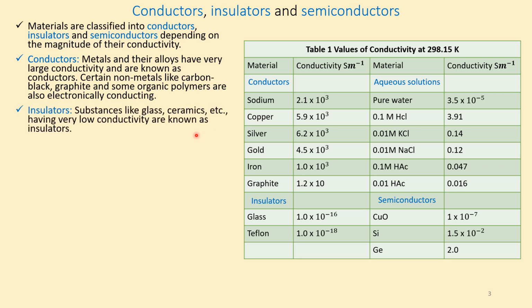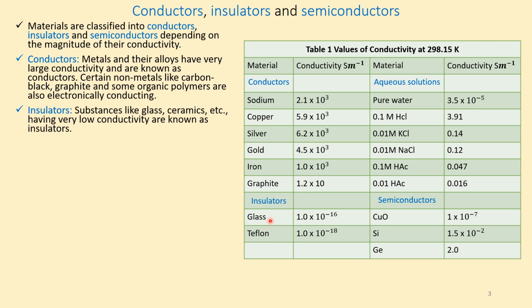Insulators. Substances like glass, ceramics, etc., having very low conductivity are known as insulators. The insulators are tabulated in column number 2.